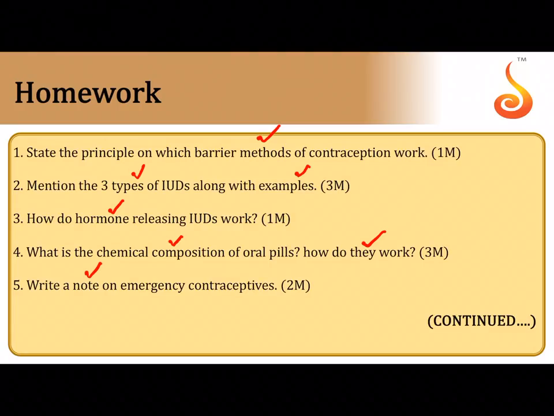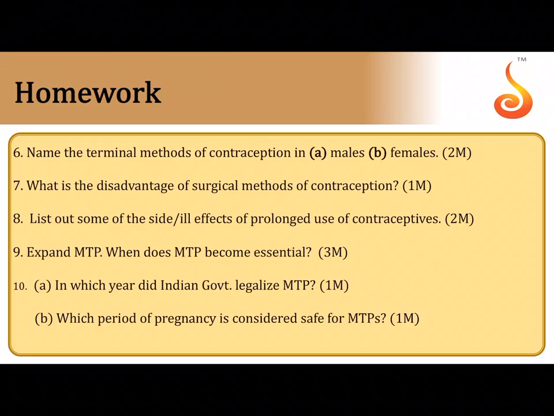Write a short note on emergency contraceptive for 2 marks. Name the terminal method, surgical method, sterilization method in male and female. What is the disadvantage of surgical method? What are the side effects or the ill effects of overuse or unscrupulous use of contraceptives?